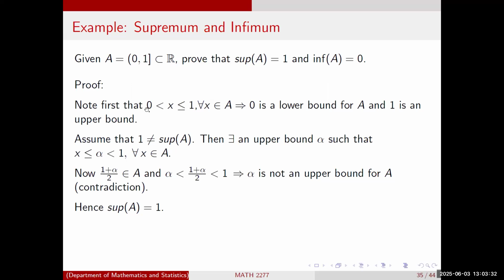So note first that x, which is an element of A, is between 0 and 1, inclusive of 1, right? That's what this set means. It means you are a number between 0 and 1, including 1. So this means that 0 is a lower bound for A and 1 is an upper bound, obviously.